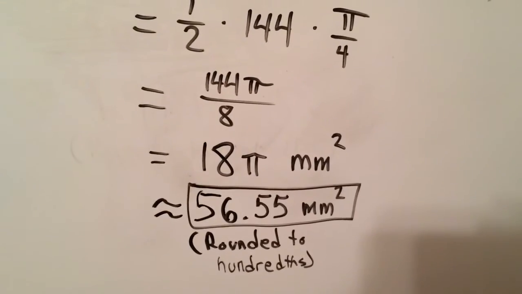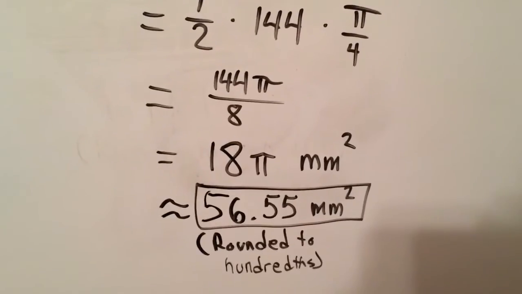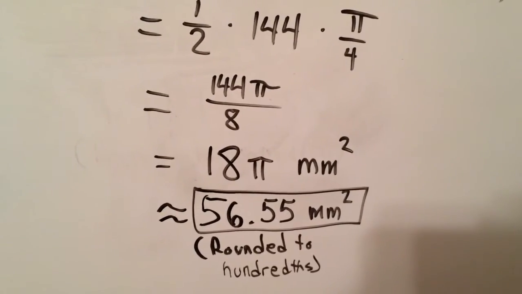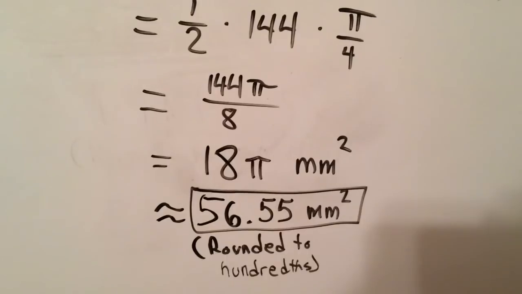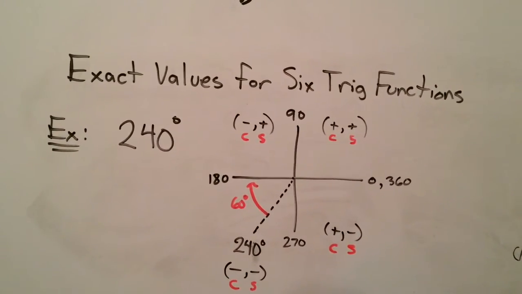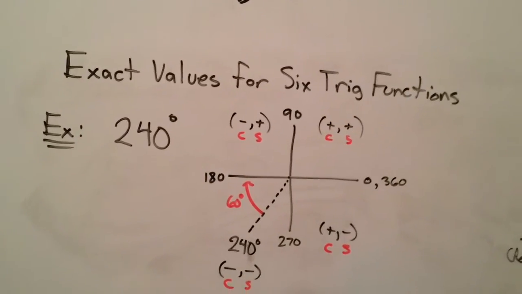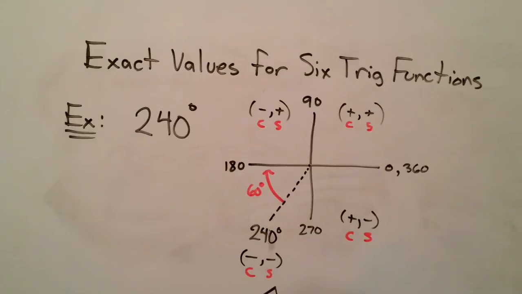Or if I use a calculator by using the pi button and round it to the nearest hundredths, I get 56.55 millimeters squared.